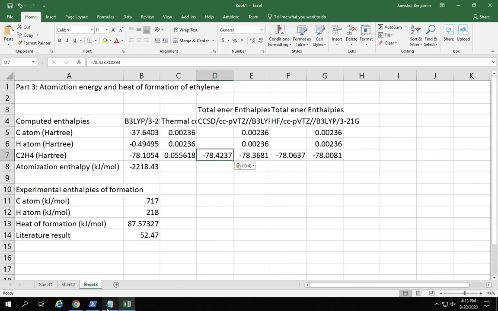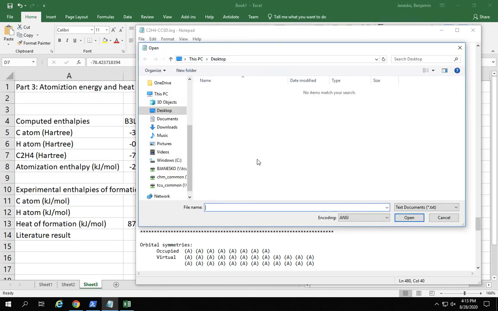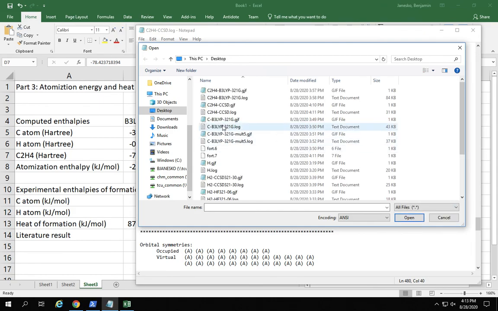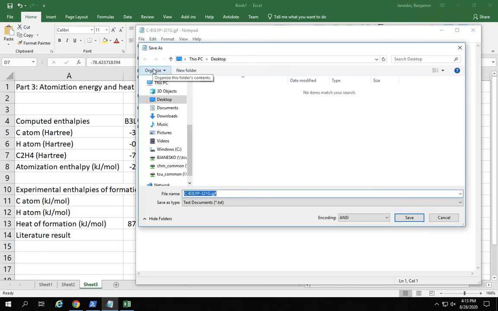Last thing I'm going to do just for illustration purposes is do the carbon and hydrogen atoms. As C and H, CCSD.